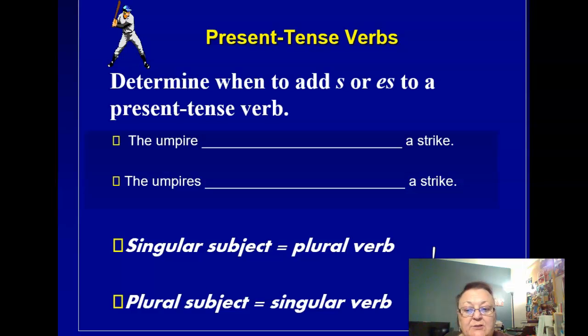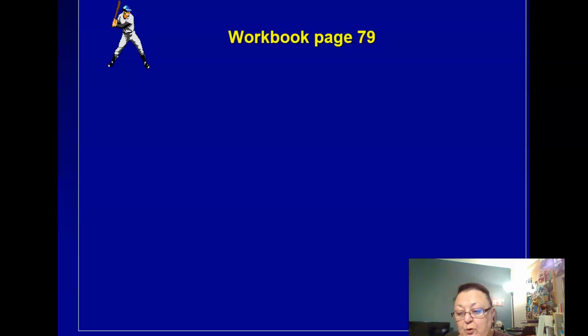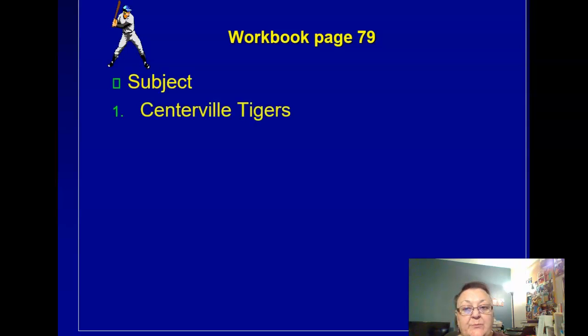So then that tells me plural subject, I need a singular verb. So I'm going to choose the word play. Centerville Tigers play the Jefferson Bears. So Centerville Tigers should be underlined once, and then play should be underlined twice.